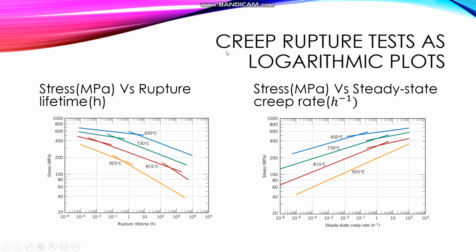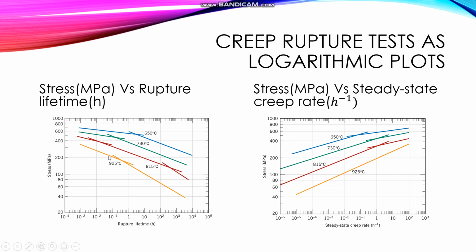The results of creep rupture tests are most commonly presented as the logarithm of stress versus the logarithm of rupture lifetime. The first figure here is an example of a plot for an S590 alloy, in which a set of linear relationships can be seen to exist at each temperature.